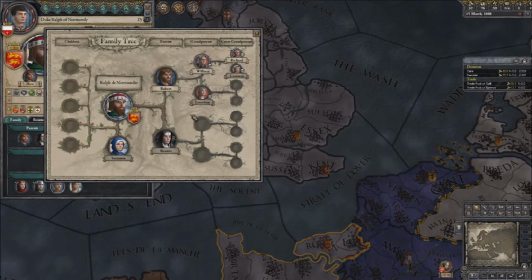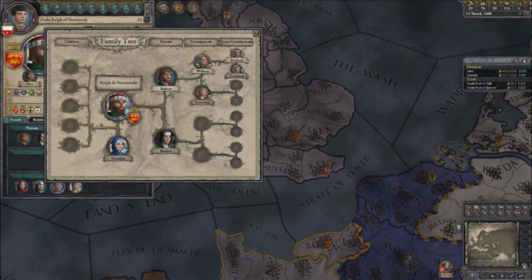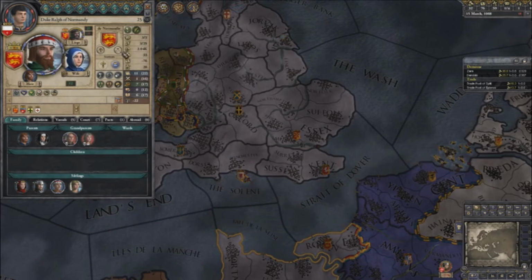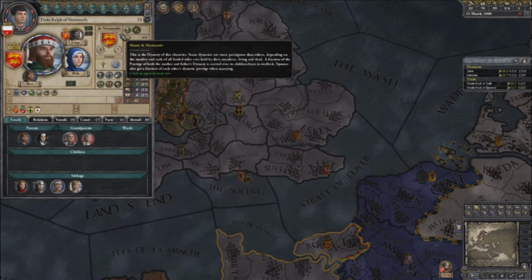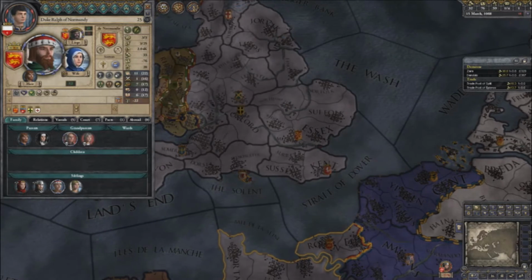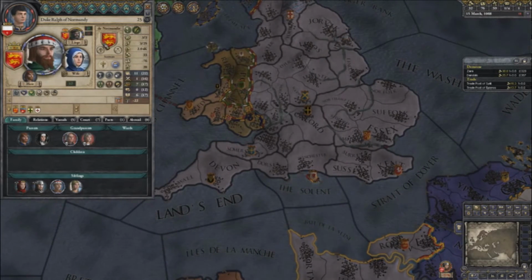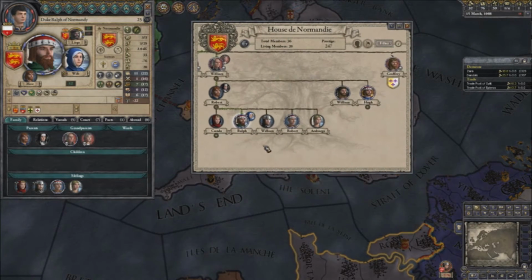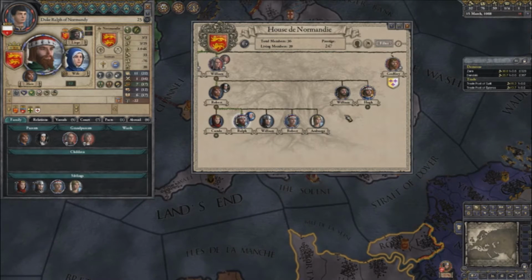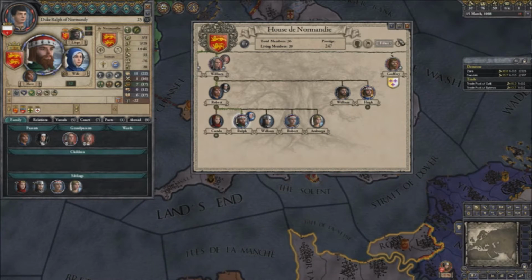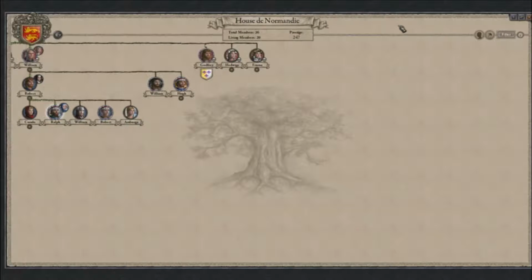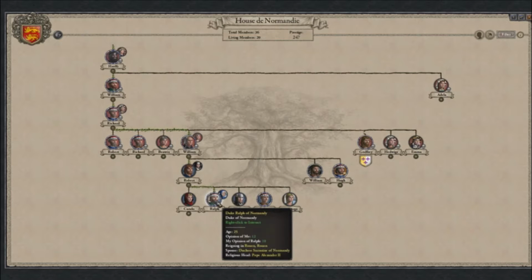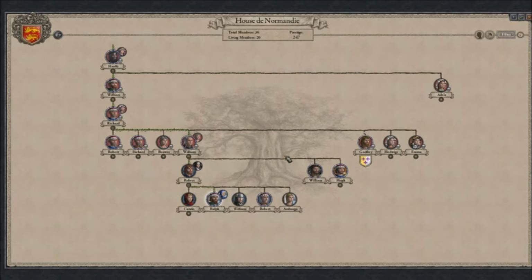Let's see. Where's the dynasty tree allocated, is what I would like to know. It's just from this. William the Conqueror is who I would like to find. Yeah, because we have Duke Ralph of Normandy.